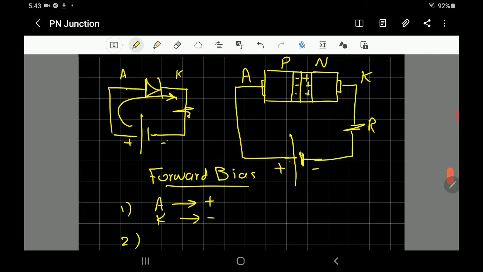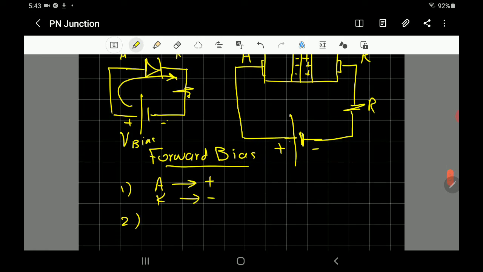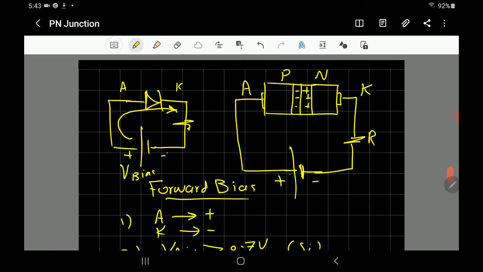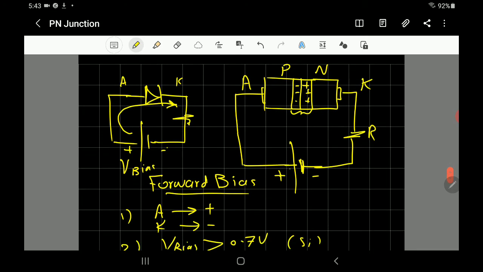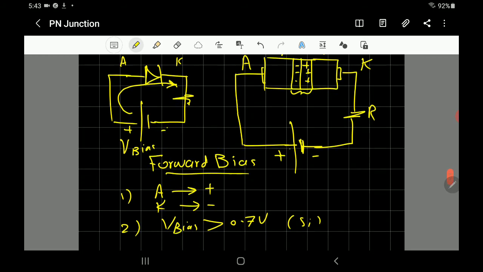The bias voltage, this battery, should be more than 0.7 volt if you are using silicon. Why do we need that voltage? To overcome the barrier potential, so it can give energy to the electrons to cross.